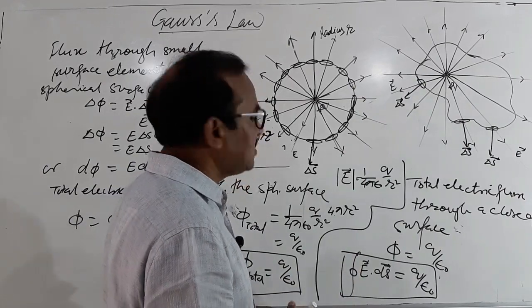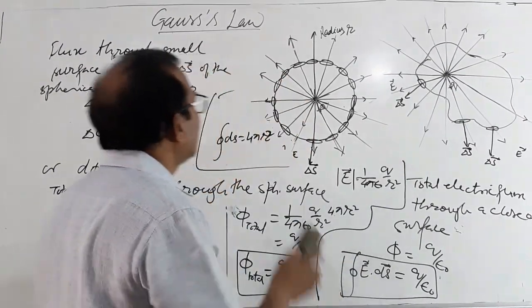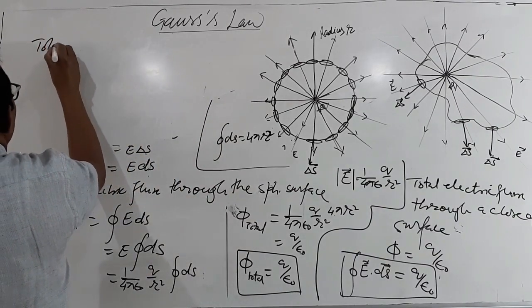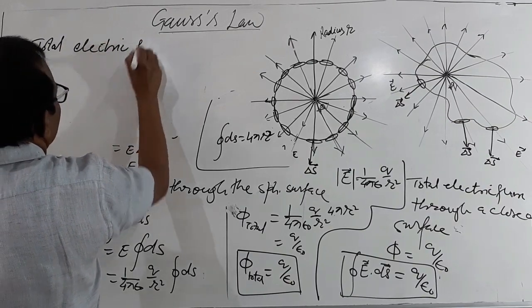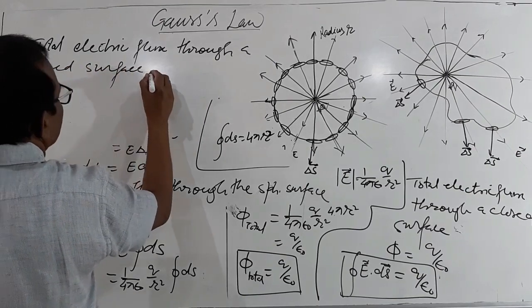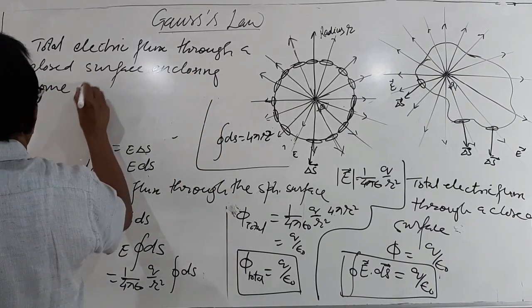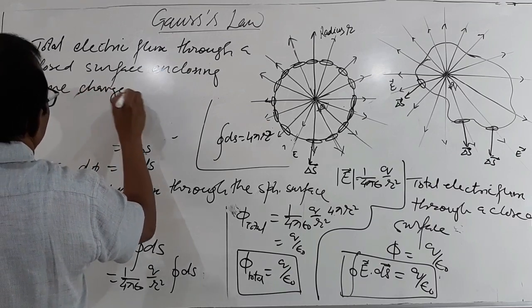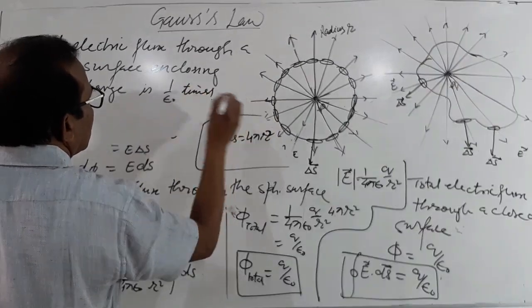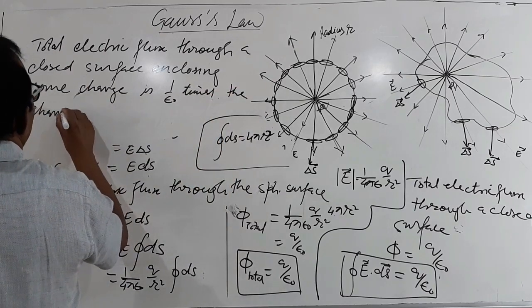Again, Gauss law: the total electric flux through a closed surface enclosing some charge is 1 upon epsilon naught times the charge enclosed.